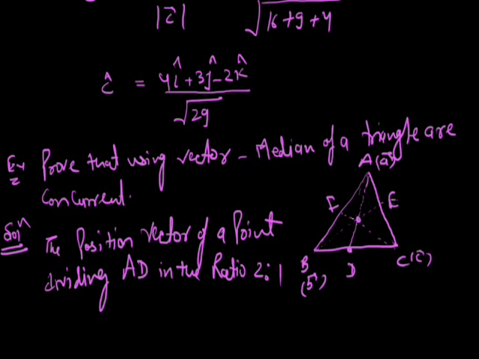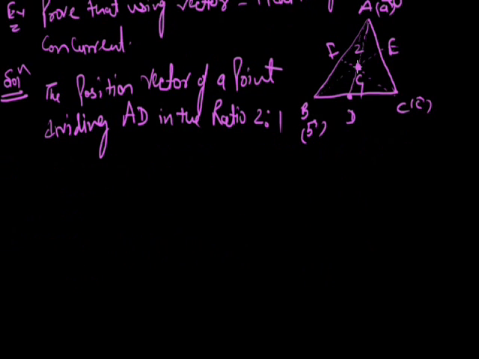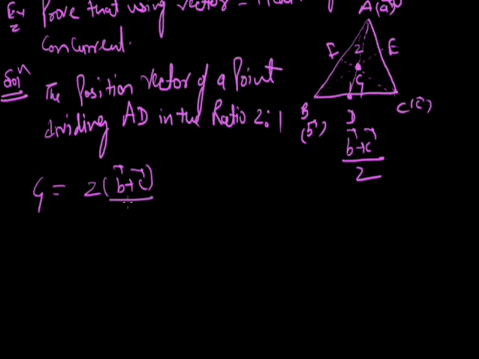Now the position vector of the point G is 2 times B vector plus C vector divided by 2, plus A vector, divided by 2 plus 1.